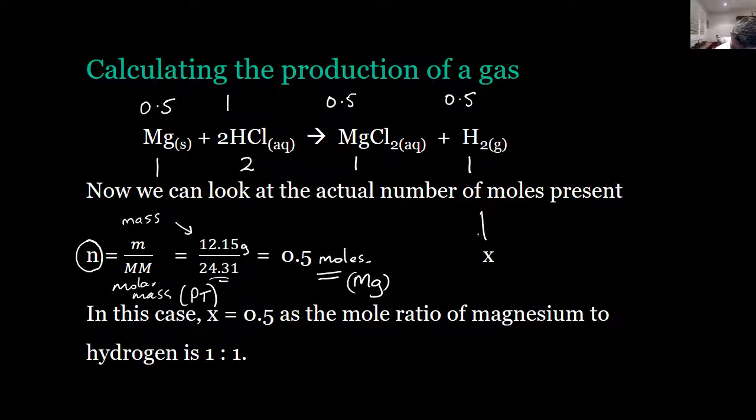So in this case, if X represents the number of moles of hydrogen gas, then because the ratio is 1 to 1, it must be 0.5 to 0.5. So X in this case must be equal to 0.5 just because of that mole ratio of 1 to 1.